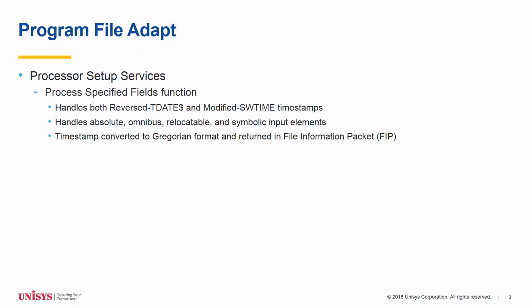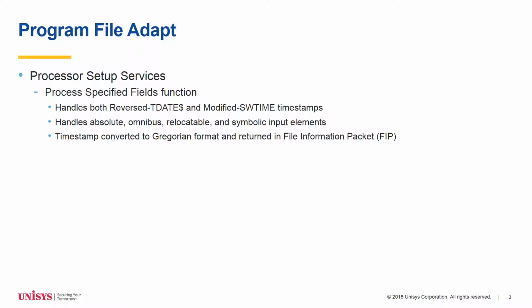For the Program File Adapt feature, the processor setup services are modified to process program file elements with dates and times in both reversed T-date dollar and modified SW time format.